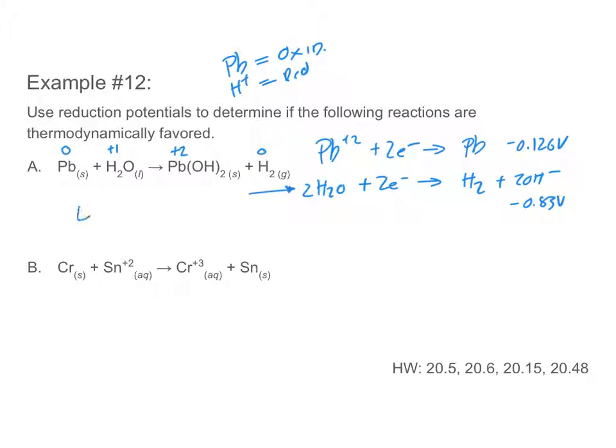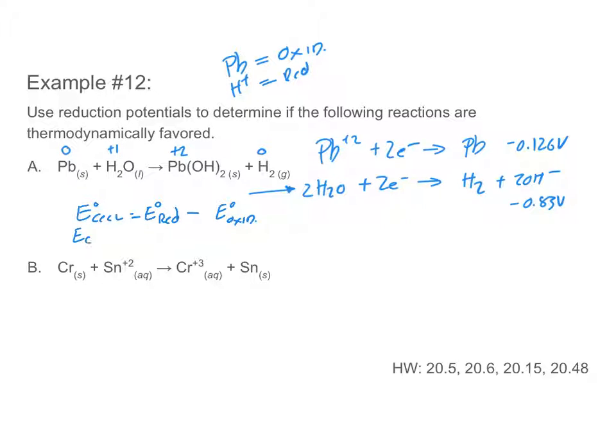Now, in this case, I'm asked to calculate the cell potential, and that's going to be the standard reduction minus the standard oxidation.